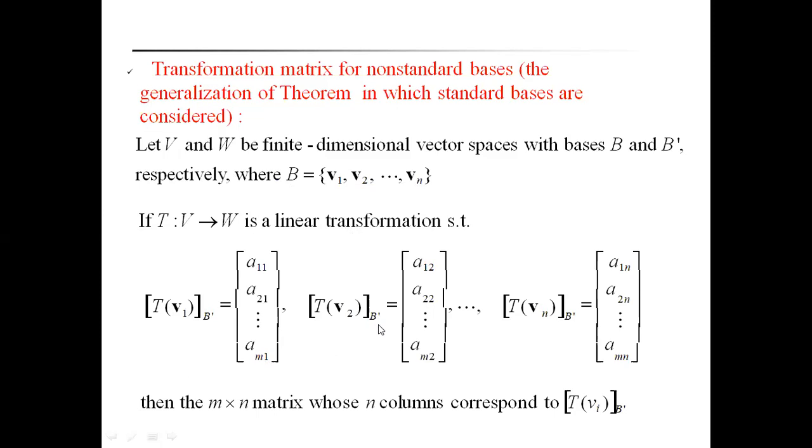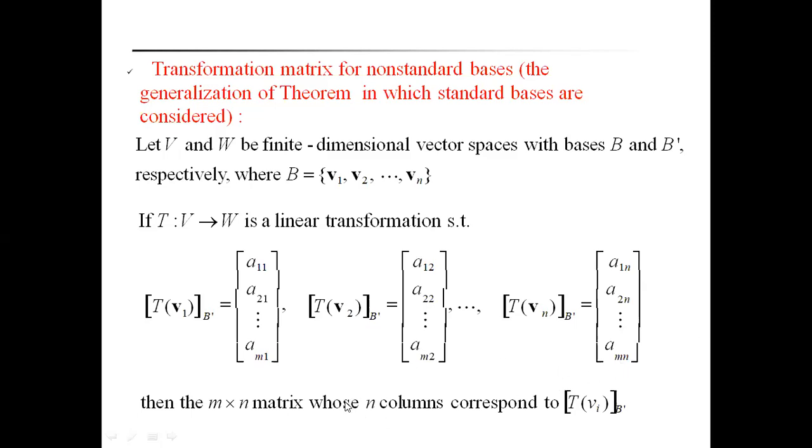T of V2 relative to the basis B dash is equal to A12, A22, Am2, the second column of the matrix. T of Vn relative to the basis B dash is equal to A1n, A2n, Amn.